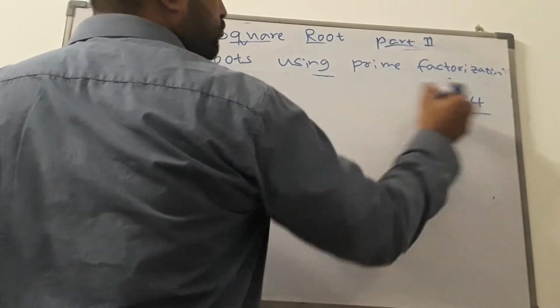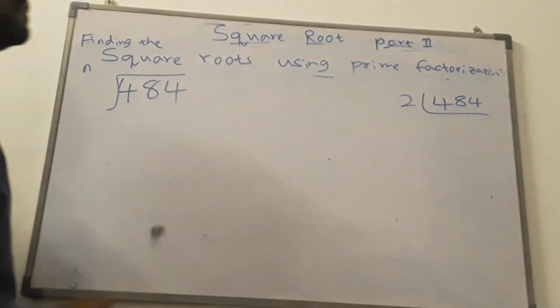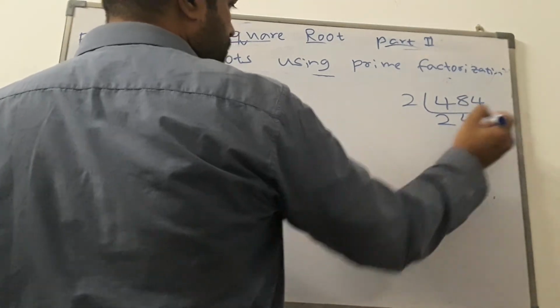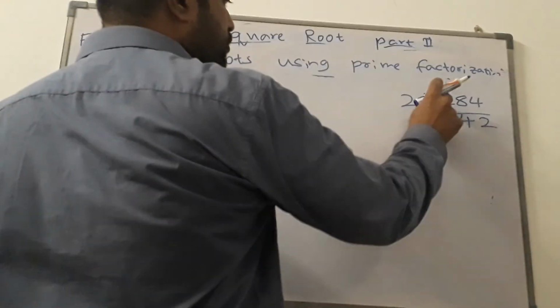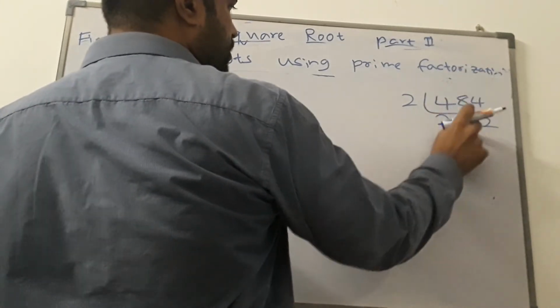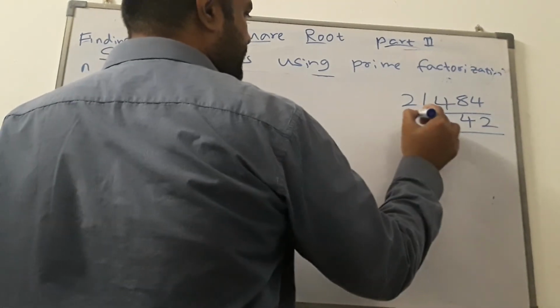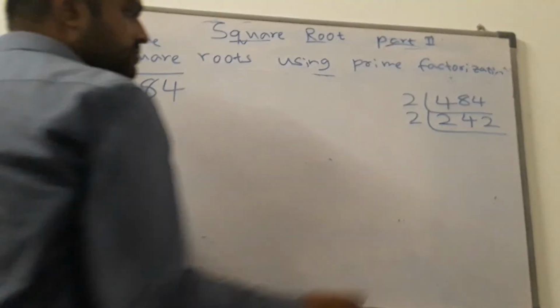Divide by 2, the least prime factor. 484 divided by 2 is 242. Again we can divide by 2. 242 divided by 2 is 121.